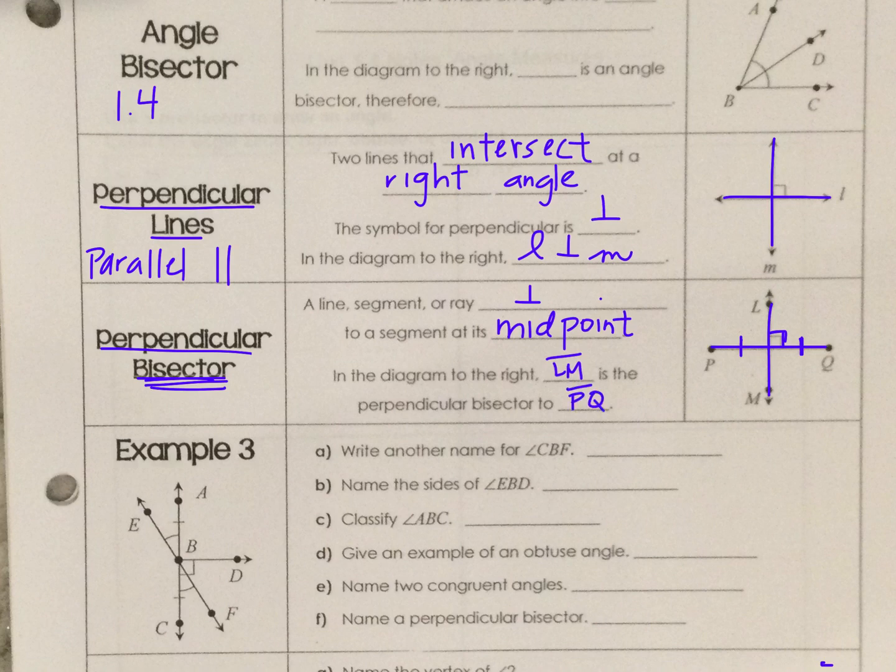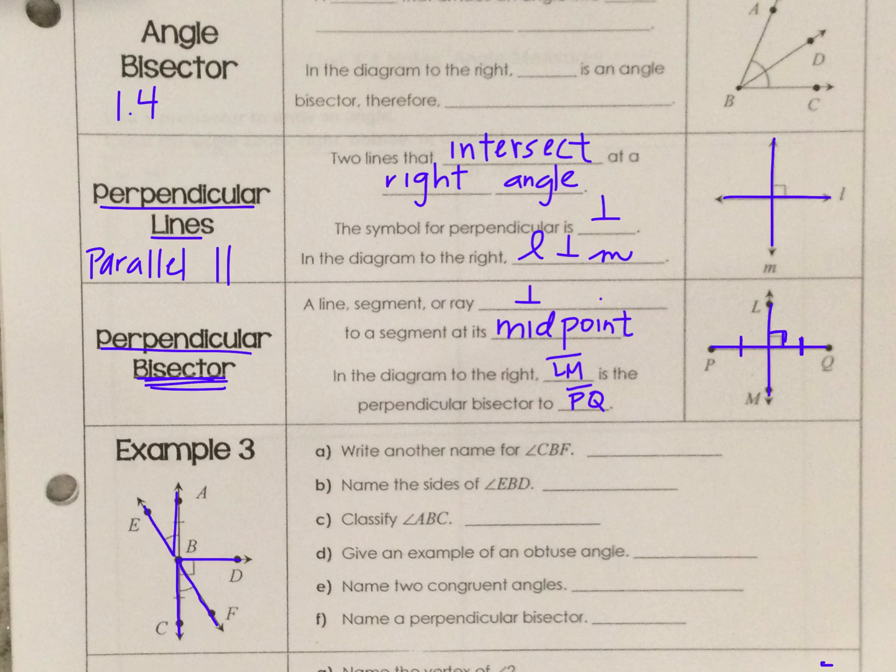PQ. Now we're going to look at a picture that kind of has all the information jammed together, and we're going to do A through F. Write another name for angle CBF. The easiest way to do that is to trace it. CBF. Well, I can't call it B because there's lots of angle B's.